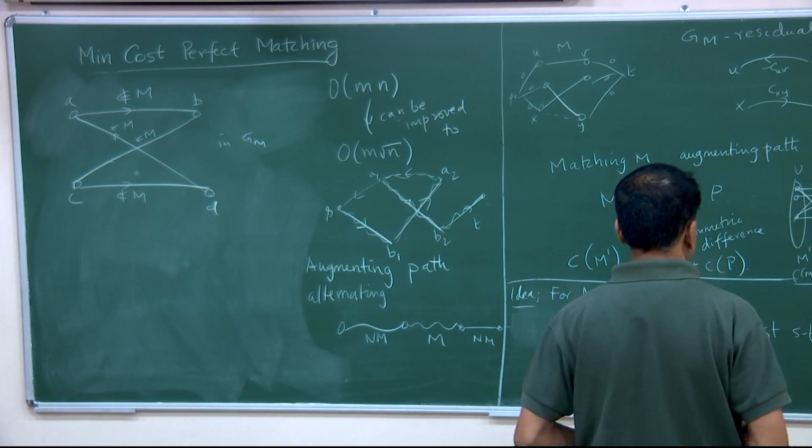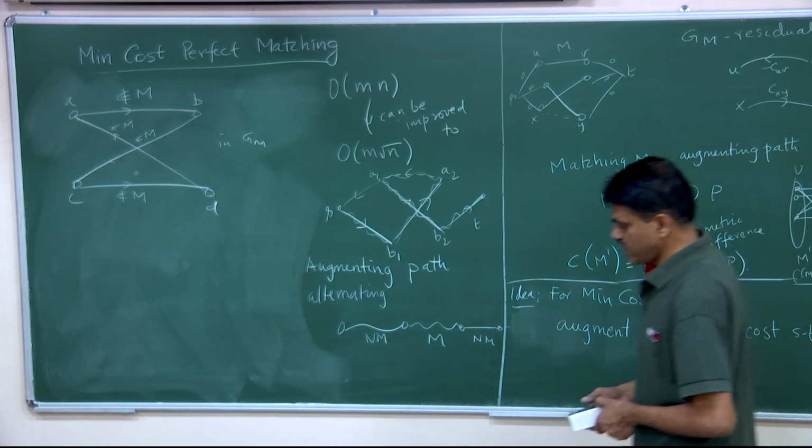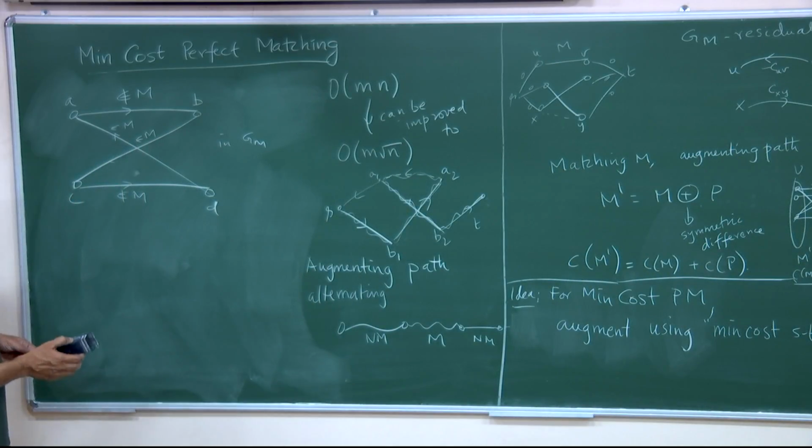So what did I show? That if you have a negative weight cycle in the residual network, I can augment it and get a smaller cost matching. I want to show the converse: suppose there is no negative weight cycle in GM, and I want to show that you've reached min cost matching.